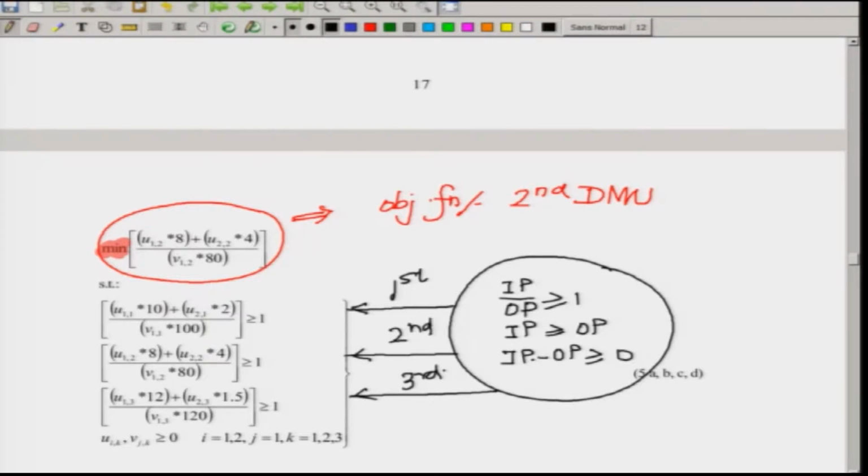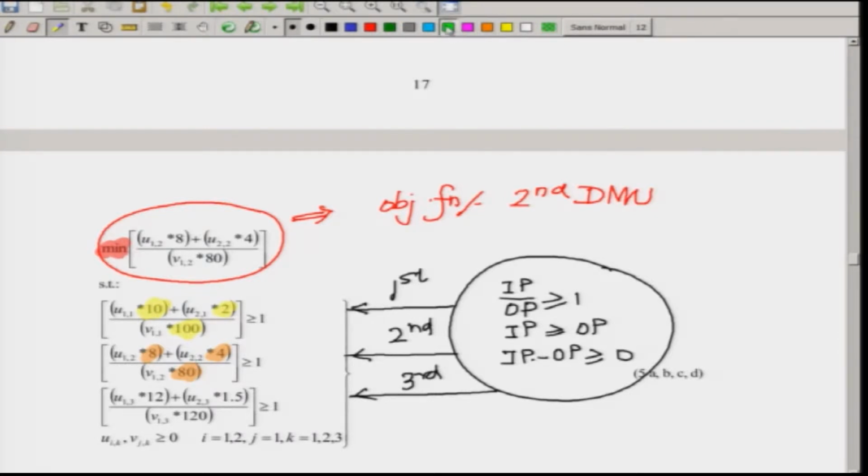Then, coming again to the coloring scheme, the conversion factors of 10, 2 and 100 are the respective ones, the first two being for the inputs and the last one for the output for the first DMU. Then 8, 4, 80 are the multiplicative factors for the second DMU, 8 and 4 for the inputs and 80 for the output.